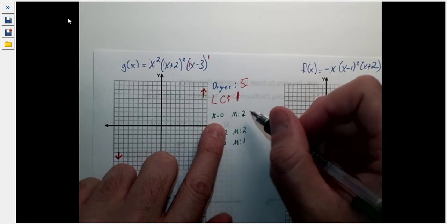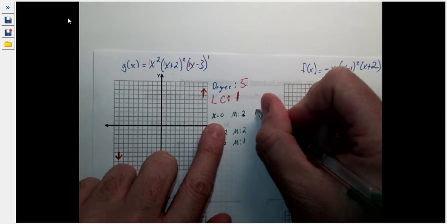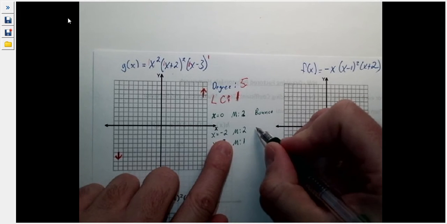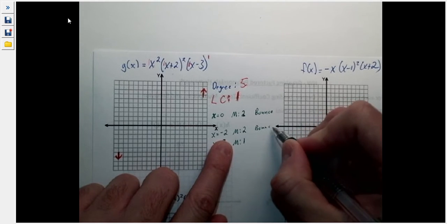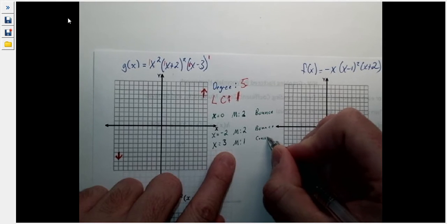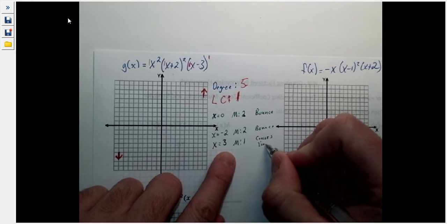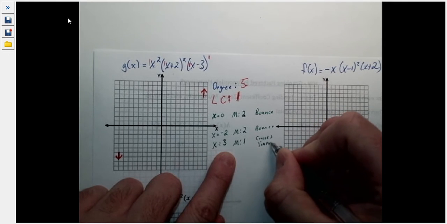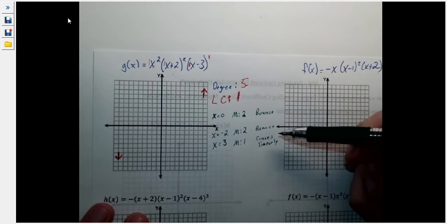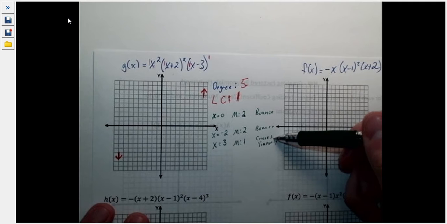So since this one's even, this one bounces. This root is even, it bounces, and this one's odd, so it crosses, and since it's power 1, it crosses linearly. Okay? You with me so far?